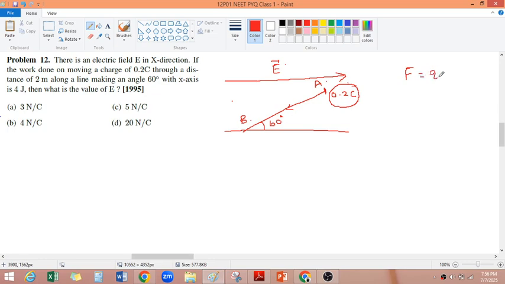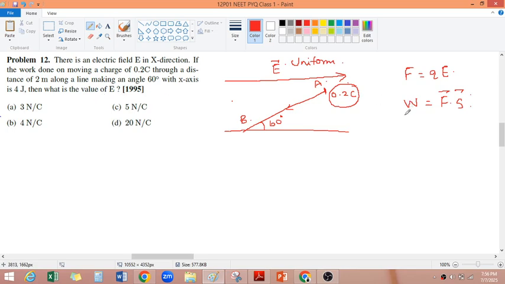F is equal to QE, right? Work done is force into displacement. We are assuming a constant electric field, so uniform electric field is assumed because that's only one value.